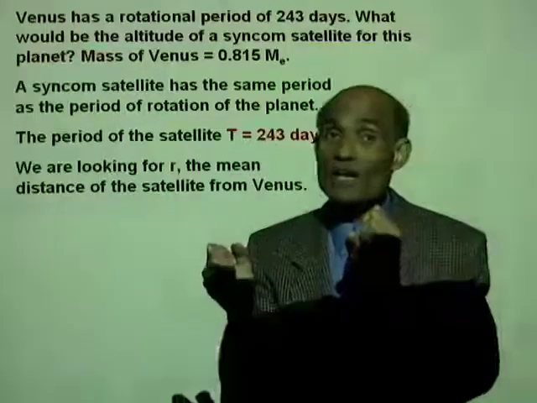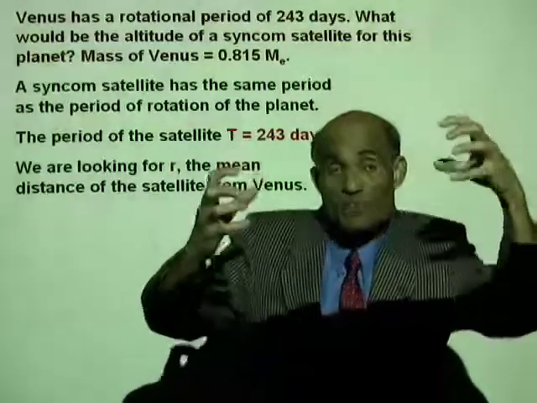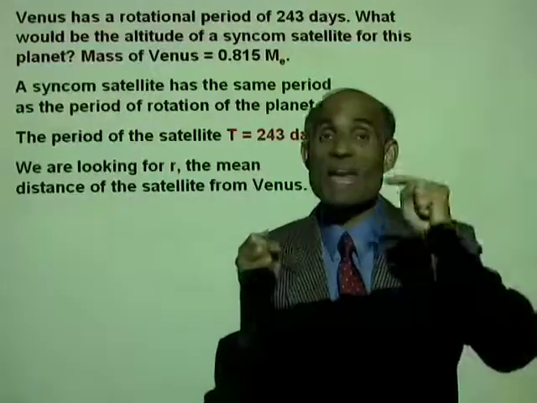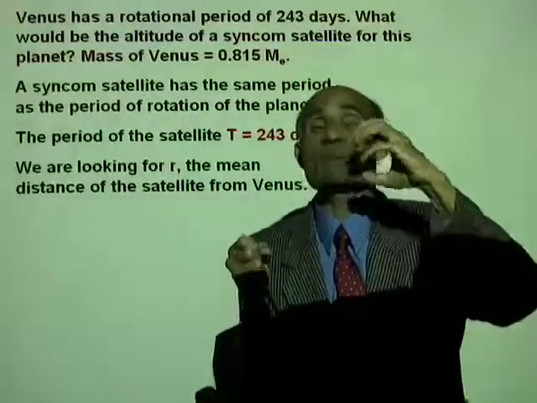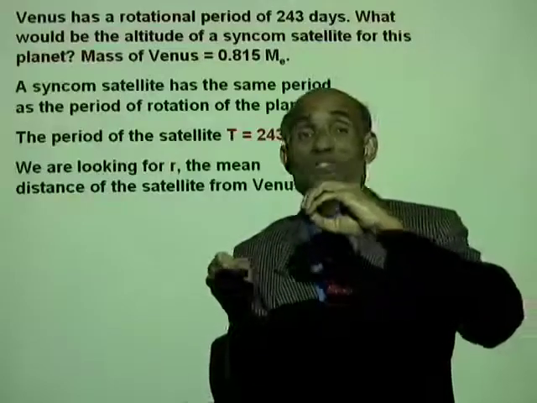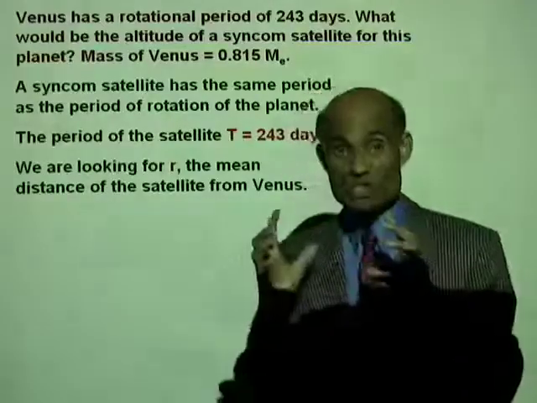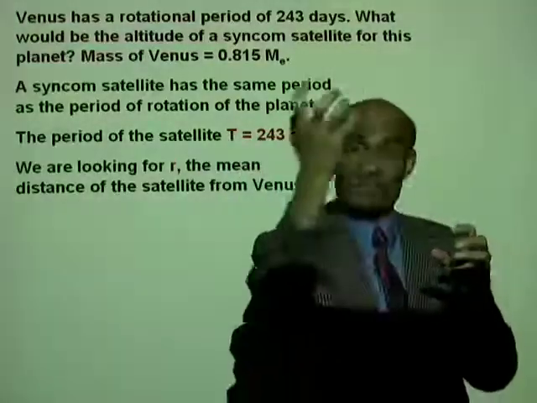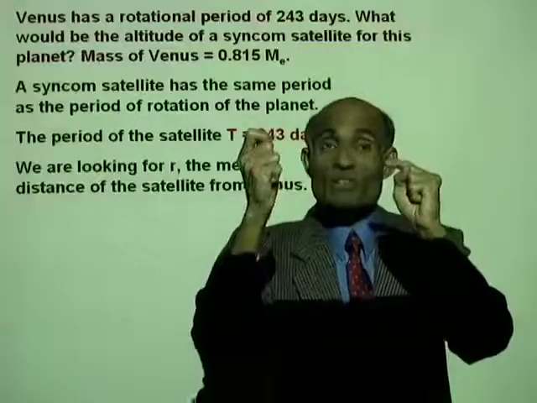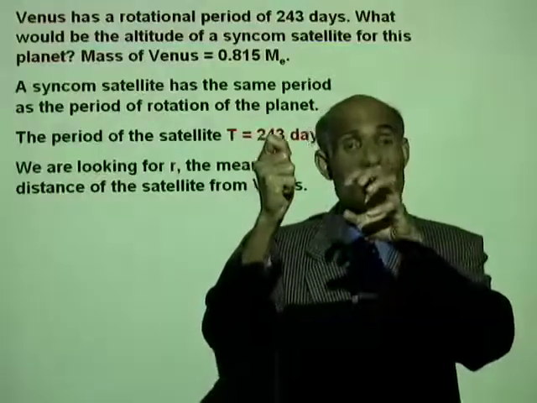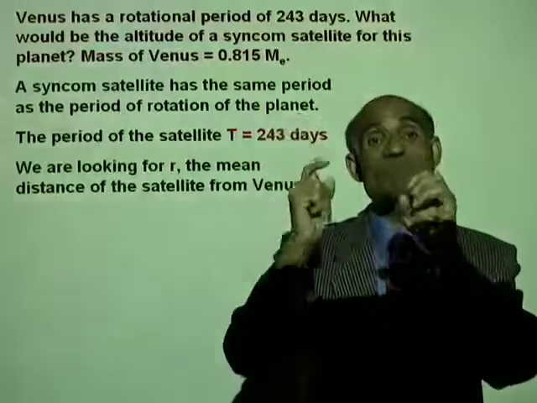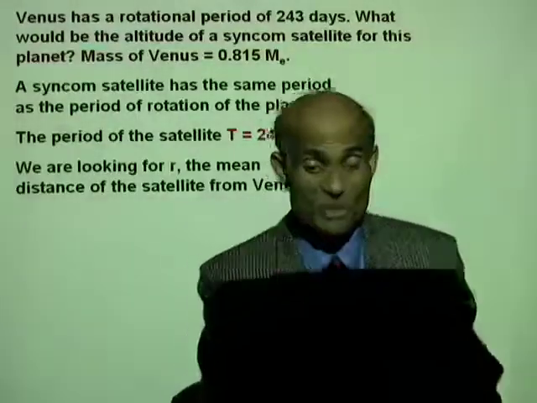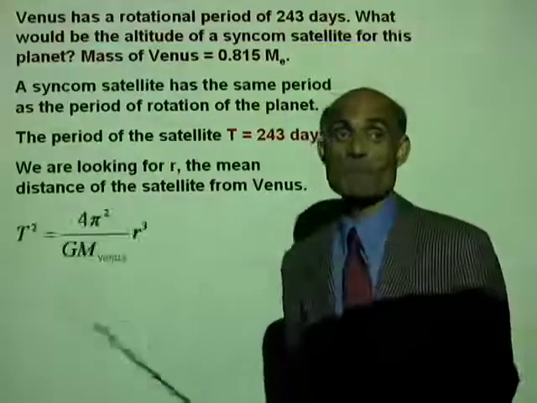Earlier we had the planets going around the Sun. In that case, we found K is 4 pi squared divided by G times the mass of the Sun. But this time, we have a satellite going round Venus. Therefore, the value of K for this situation is 4 pi squared divided by G times the mass of Venus. Very important to know that.